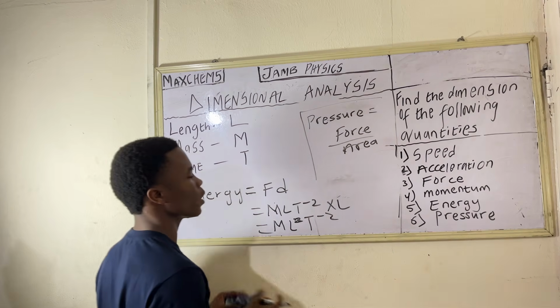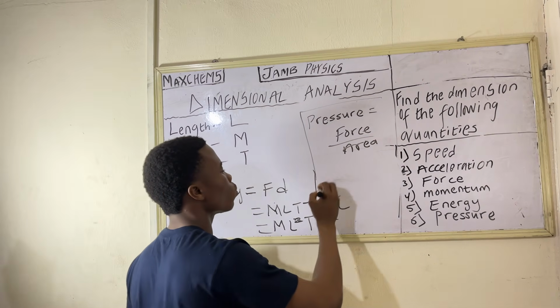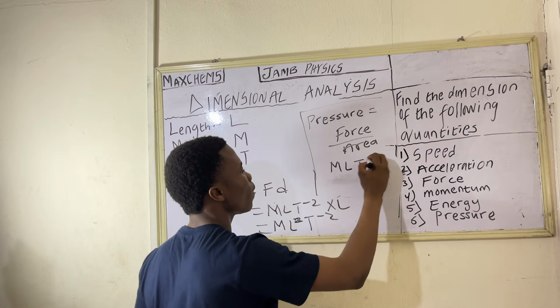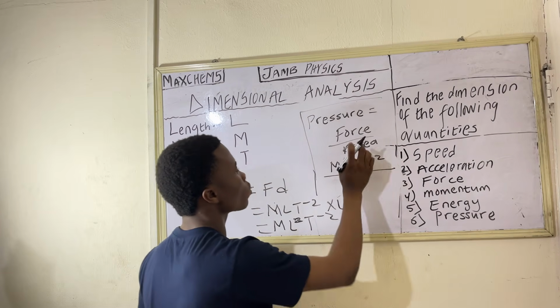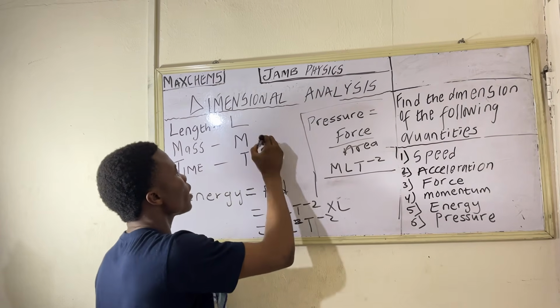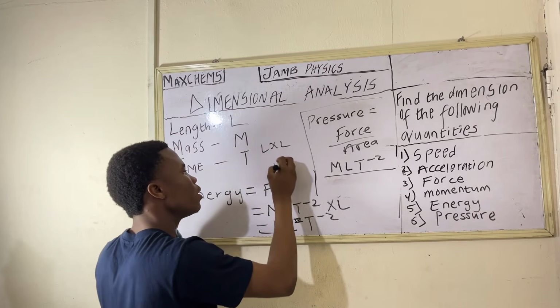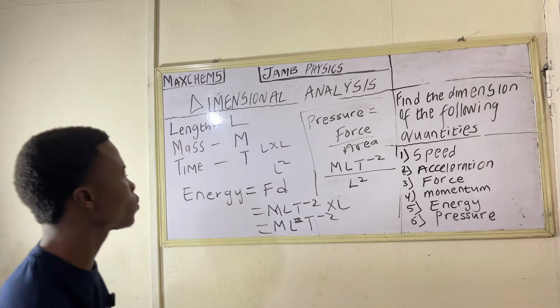The dimension for force is MLT minus 2, which we just found. The formula for area is length times length, so the dimension for area is L square.